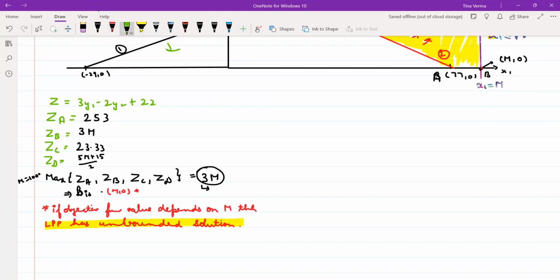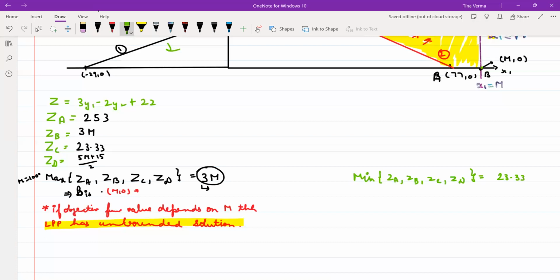Now, for the same case considering minimization, I can choose among ZA, ZB, ZC and ZD. Whatever large value of m I take, you can notice that m is definitely greater than 77. So you can always get the minimum value as 23.33.